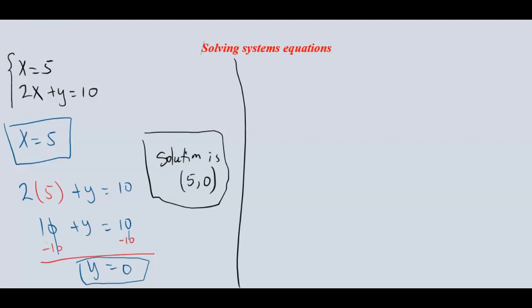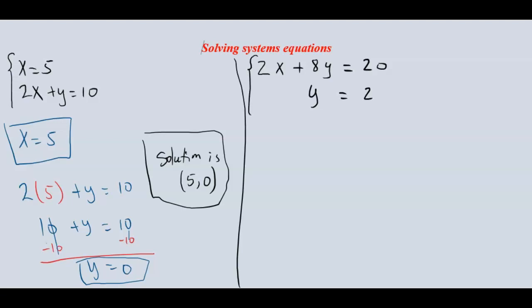Okay, let's do one last example. So you have 2x plus 8y equal 20. And we also have y equal 2.